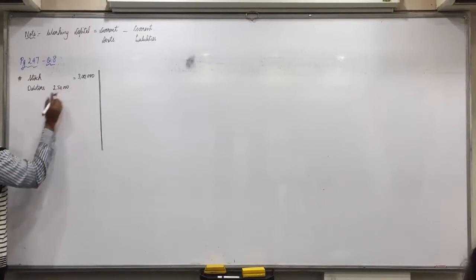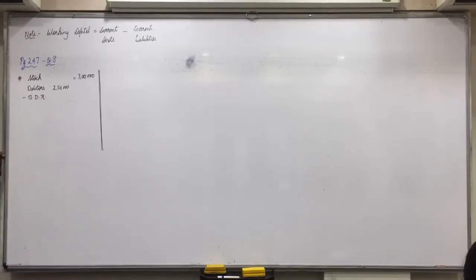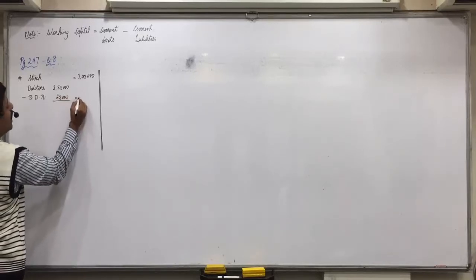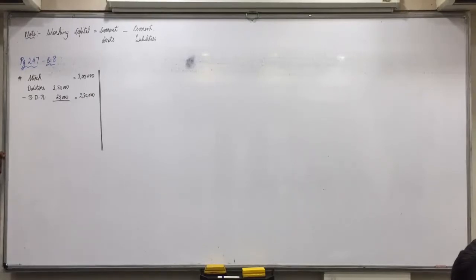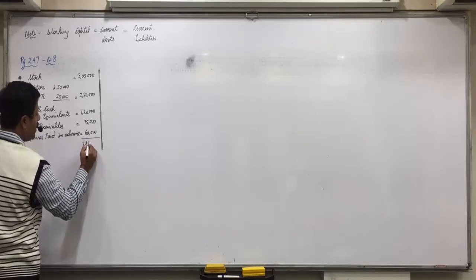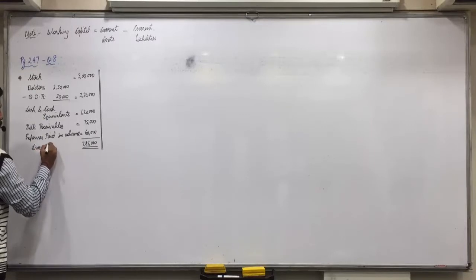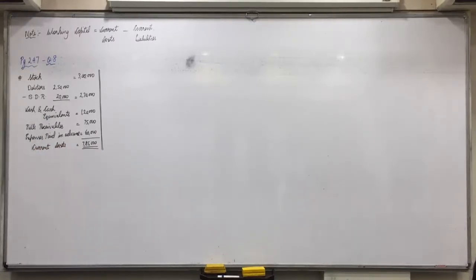So 2,50,000 minus bad debt reserve 20,000, means debtors we will take 2,30,000. Then cash and cash equivalents. The next current asset, bills receivable 75,000. 7,85,000 is current assets.